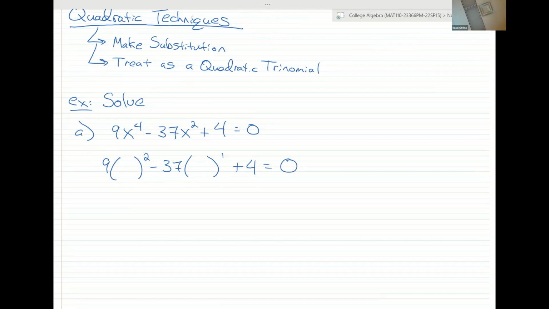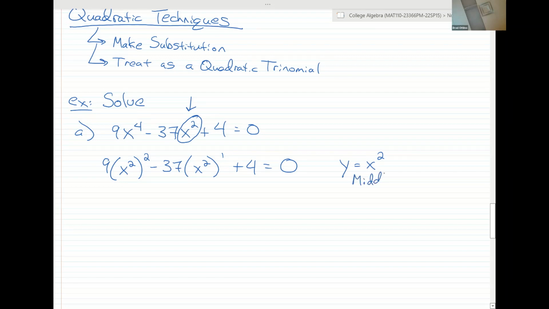So one thing that we could do to make this a little more familiar is instead of using x squared, which is the same thing here, x squared to the second is x to the 4th. We always use this middle term. If you just make a substitution and let y be x squared, it's always going to be the middle term.